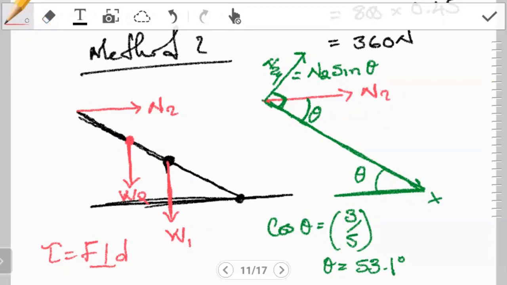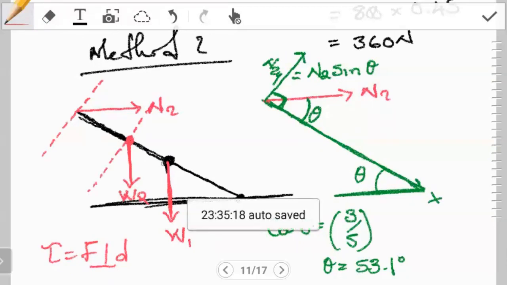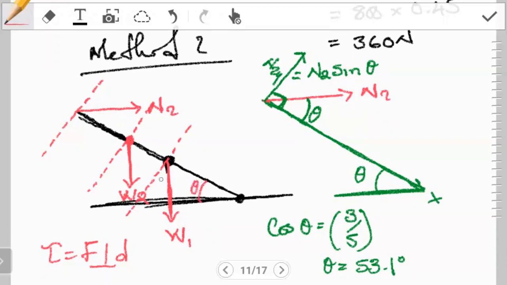In each case, we want the components that are in this direction. Even here, we want the portion of W2 that is in this direction. The same thing here.